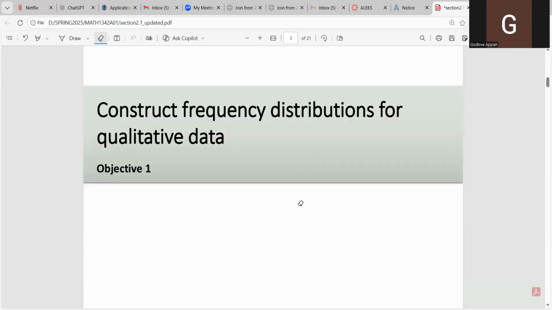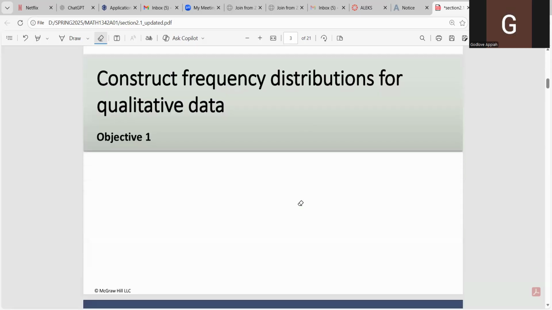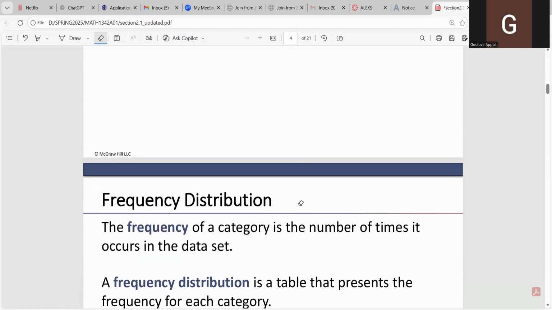Let's see how we can construct frequency distributions for qualitative data. Before we can talk about a frequency distribution, it is imperative that we discuss what we mean by frequency. Remember that qualitative data is that type of data that puts the data values into different categories. In other words, we call this type of data categorical data.